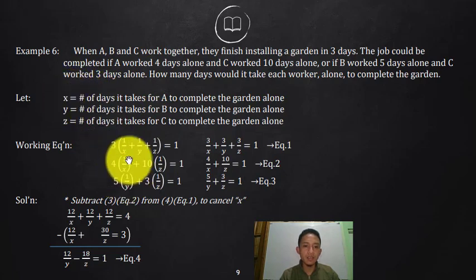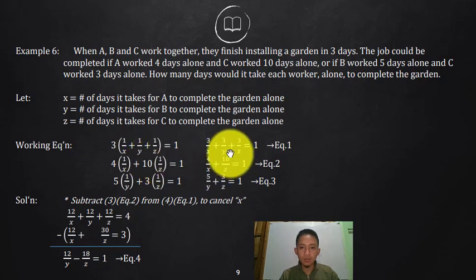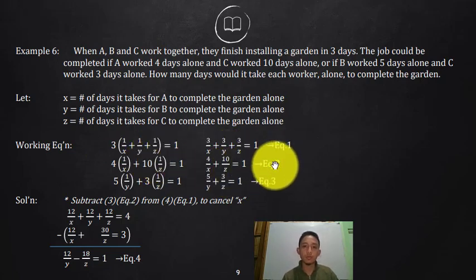And then another 10 days, but that is for C to work alone. So 10 times what C finishes in 1 day, which is 1 over z. And that will also complete this one job. So simplify: 4 times 1 over x, or 4 over x, plus 10 over z equals 1, another equation, equation 2.